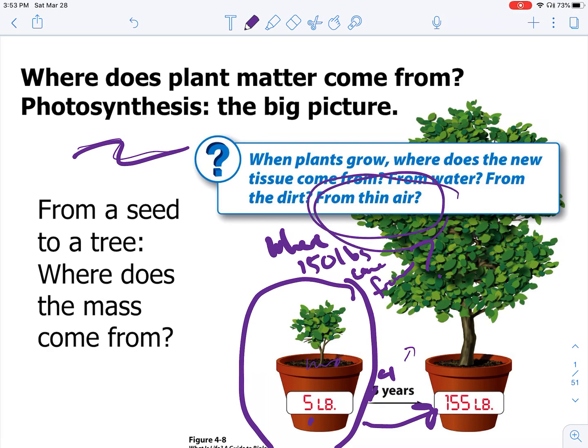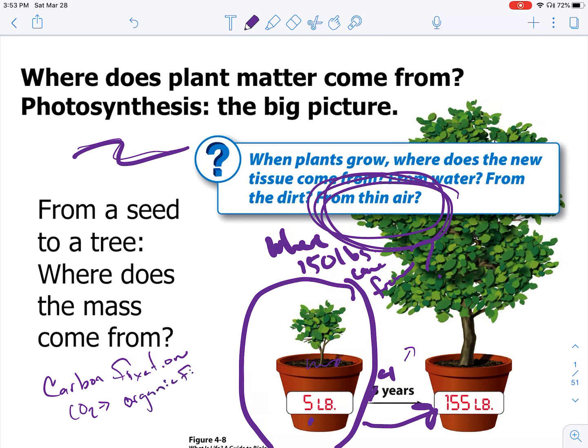In fact, it comes from the air, and we'll see how that process works over the course of these next few lectures. It comes from carbon dioxide in the air, and literally the process of photosynthesis is a process of what's called carbon fixation, in which you take carbon dioxide from the air and fix it to form organic compounds.